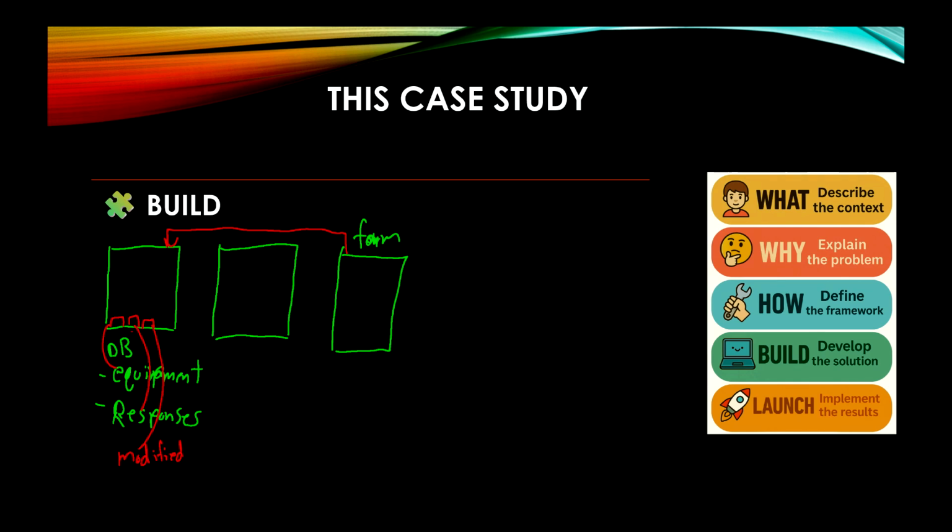That is where we take the equipment list and the responses and modify it somehow to create some new information. And then we have the user interface, the UI, and this is what the user will see.